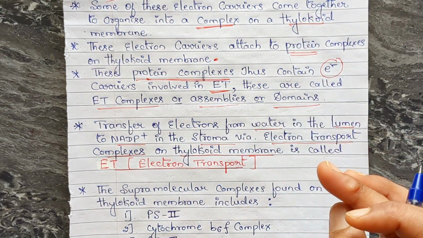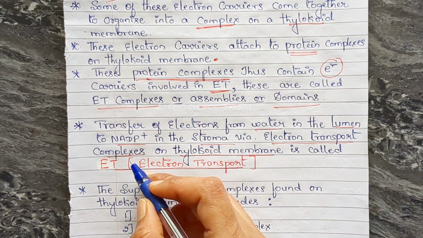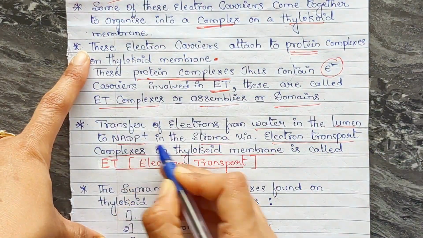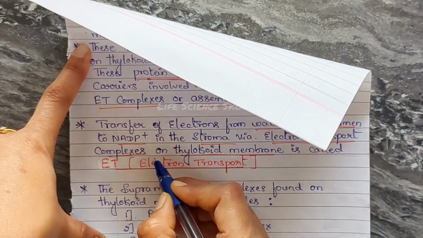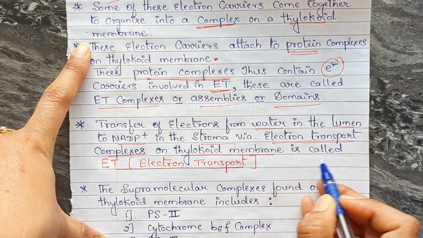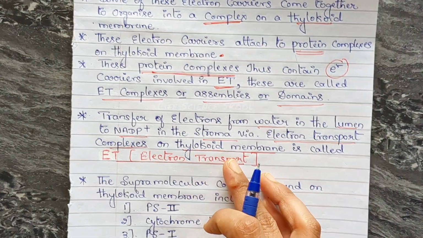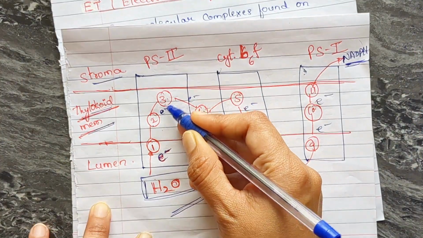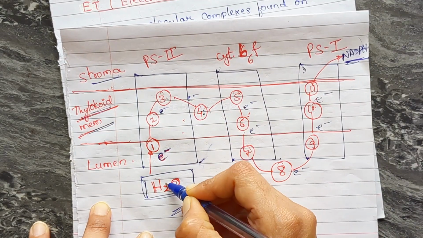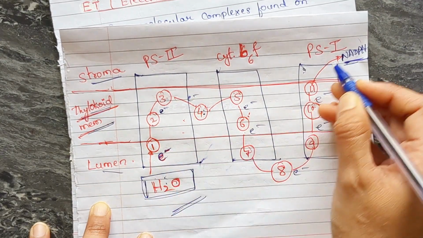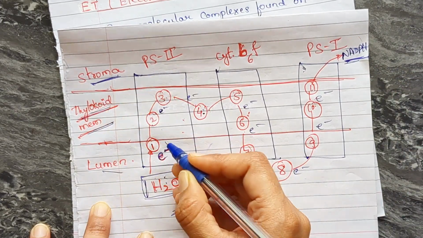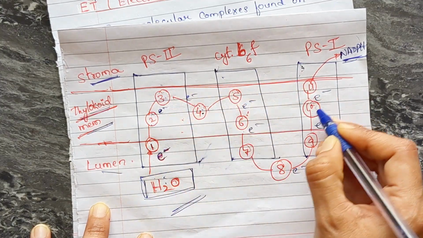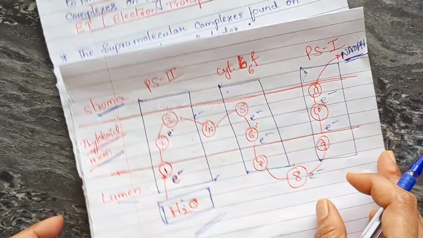If I have to give a more specific definition, it is here: the transfer of electrons from water in the lumen to NADP plus in the stroma via electron transport complexes on the thylakoid membrane is called electron transport.